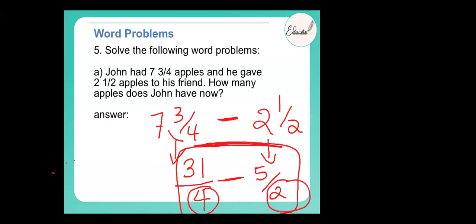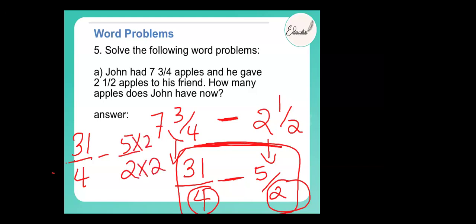So 31 over 4 minus 5 over 2. You multiply this 2 with 2 to make it 4, and the same goes for the numerator. So it is 31 over 4 minus 10 over 4.